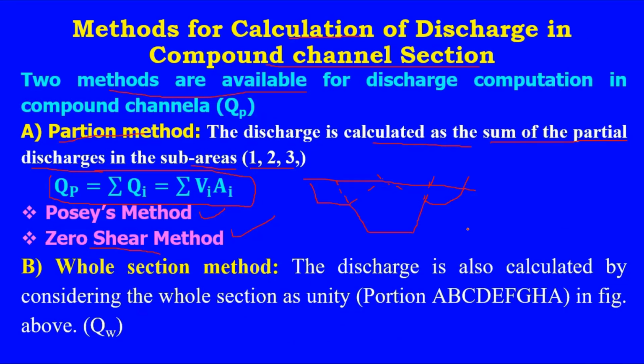So having this in mind, once you compute the area and also the perimeter, you can find the hydraulic radius. Then finally, using the Manning equation, we can find the discharge for each subsection.